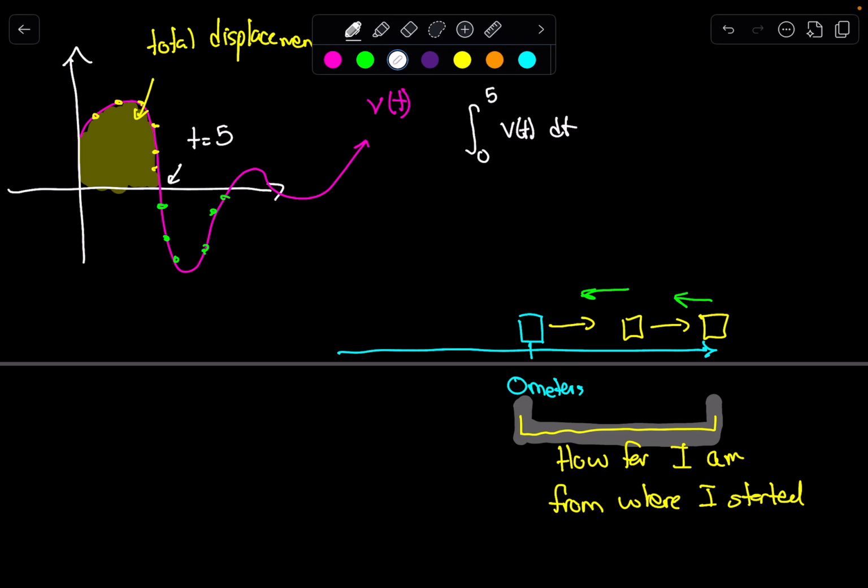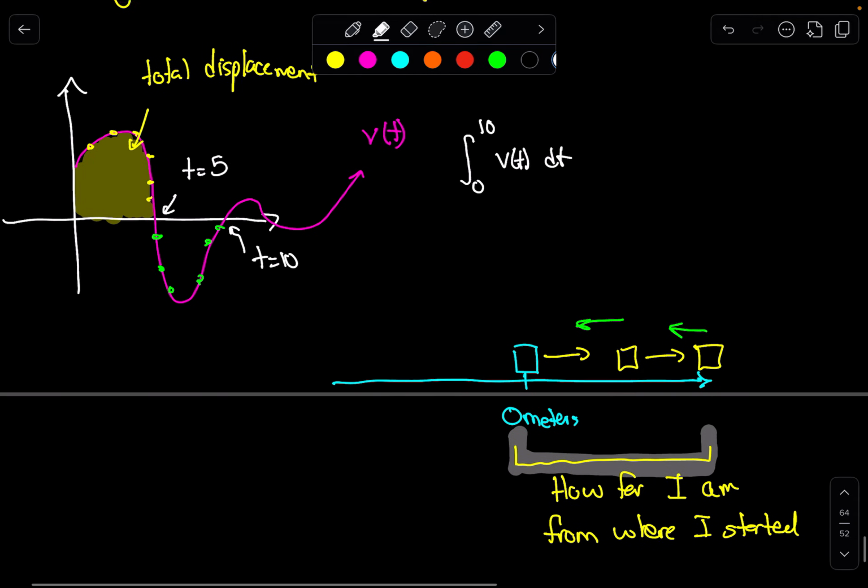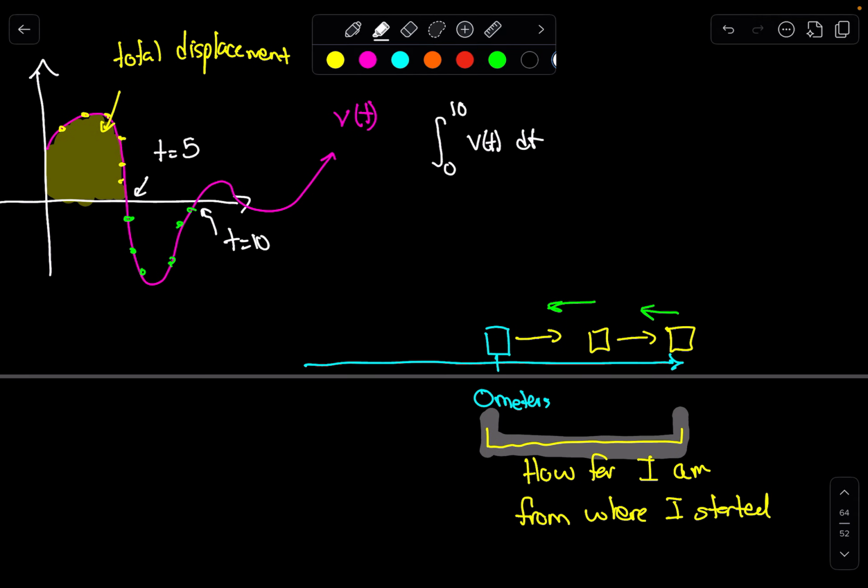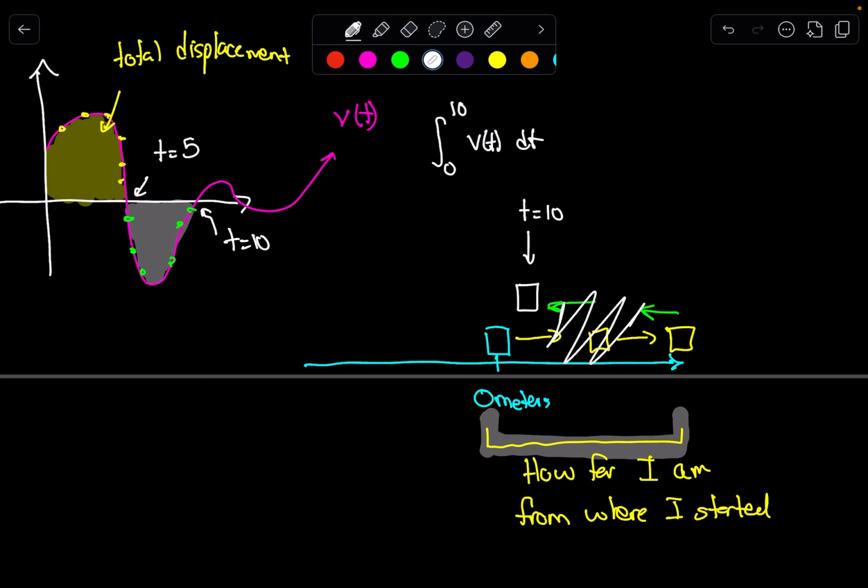But if I extend this, maybe over here, this is t is equal to 10. And if I were to modify this integral to now be from 0 to 10, well, what do we know about our position? What's happening to our position in this bit right here? Well, we're moving backwards, right? And so if it just so happens that our box ends up, say, like here after 10 seconds, so let's say we just happen to be here at t is equal to 10, well, then all of this is irrelevant, right?